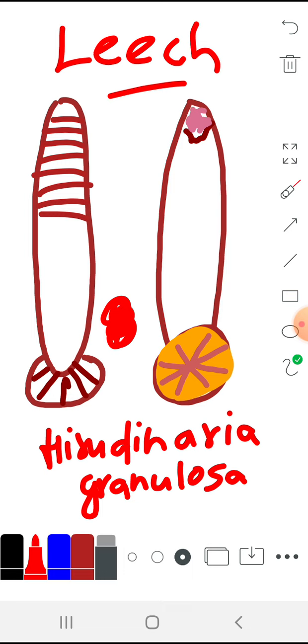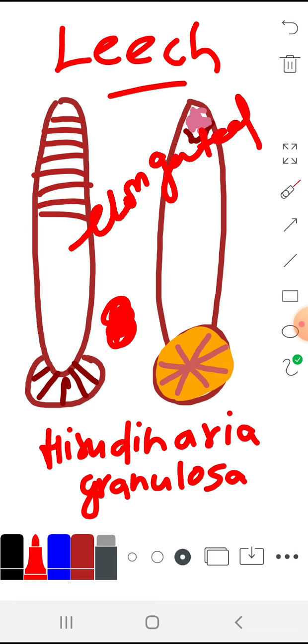What is meant by vermiform? What we call in Tamil is manpuzhu. It lives inside the soil, and the body is elongated as well as segmented. Elongated means it will enlarge, and segmented.